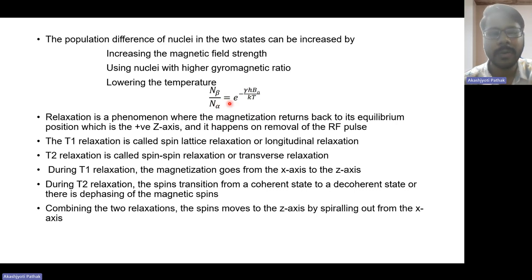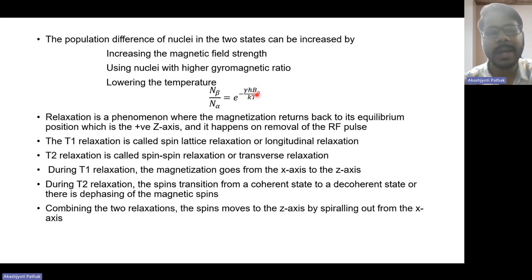So if you look at this equation, the more the difference between the two energy levels, between the alpha state and the beta state, the better will be the NMR signal. So that is why this ratio is directly proportional to gamma. It is proportional to the magnetic field.